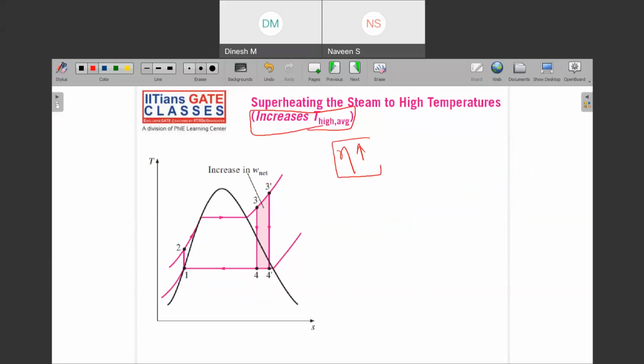You will have to look after just one thing, what is happening with the T average. If higher T average increases, efficiency increases. And efficiency can also increase if T average lower decreases. Okay, this is the one.